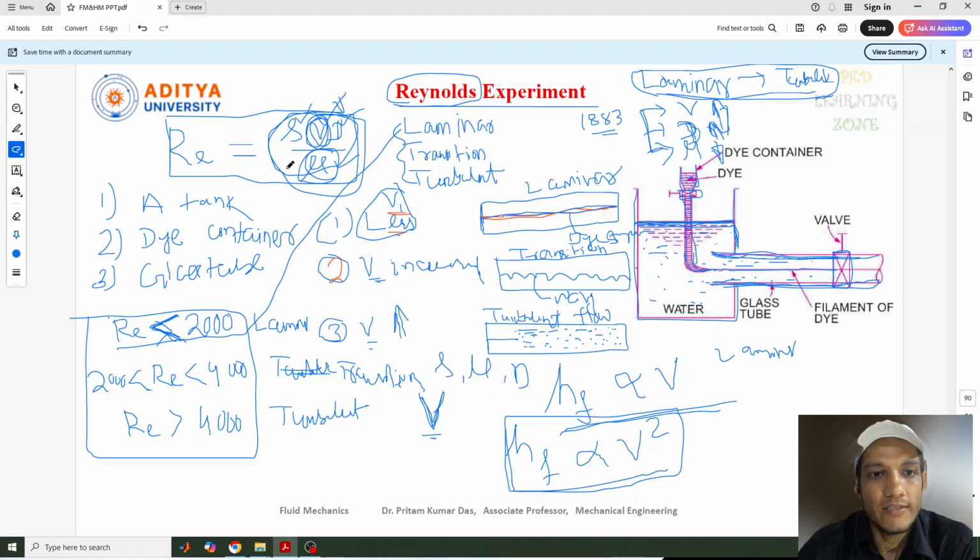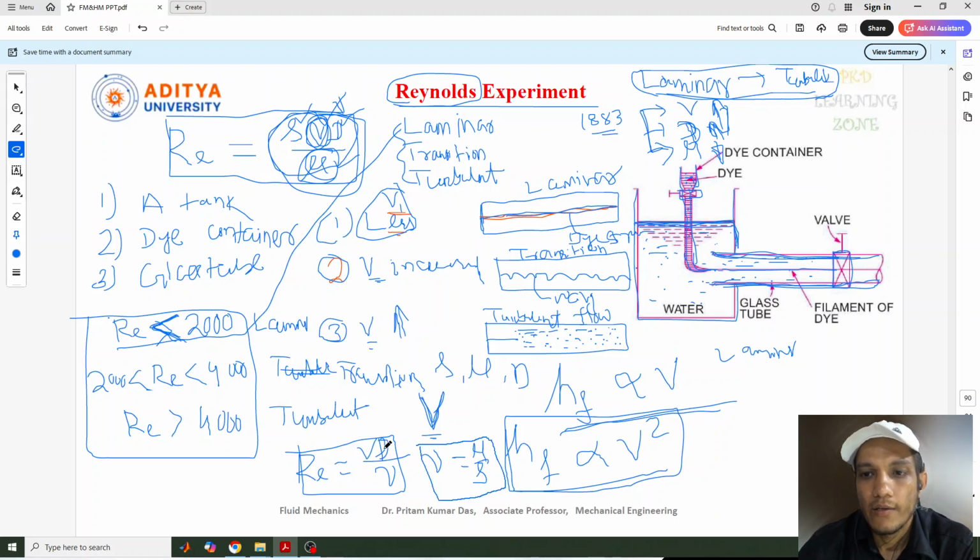Sometimes rho V d by mu can also be written as V d by nu, where nu is the kinematic viscosity, which can be calculated as mu by rho.